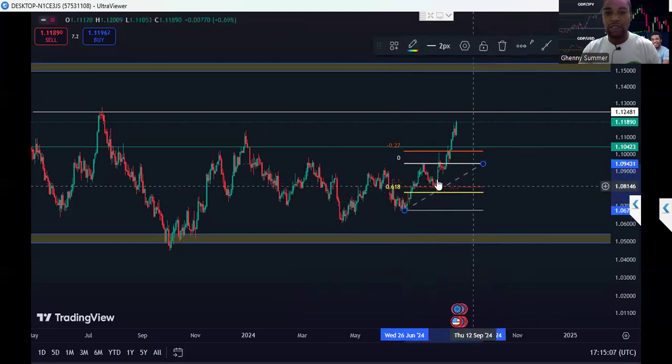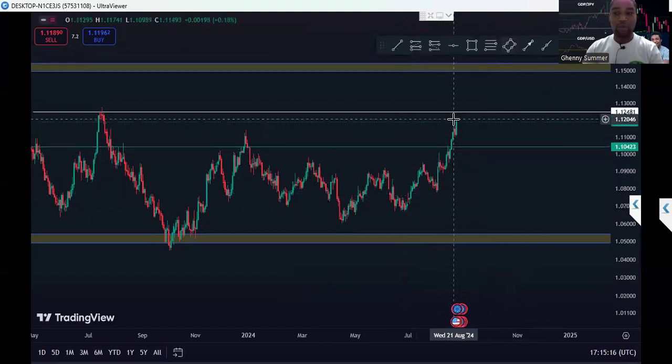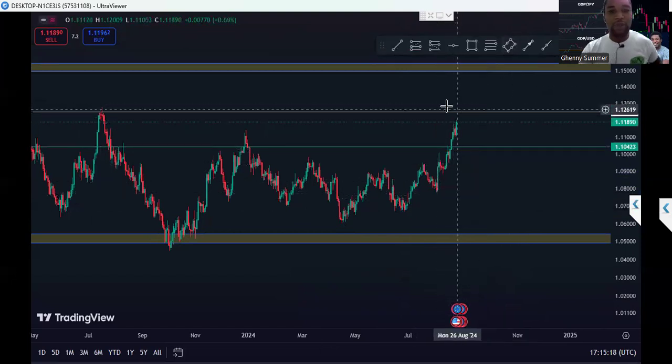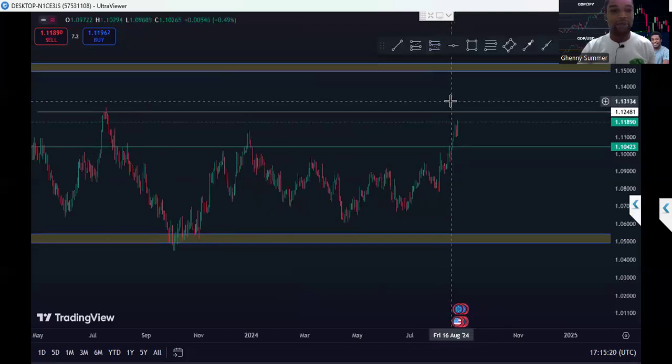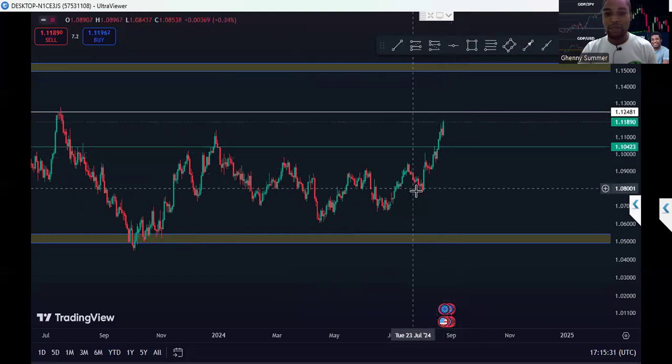Okay, if you check this Fibonacci around this region, it has already broken the 0.27 extension. So I'll assume that this is another move entirely. I'm expecting, just the same as GBP USD as well, a pullback around this area. You know why? Because this leg to the upside is already too stretched.